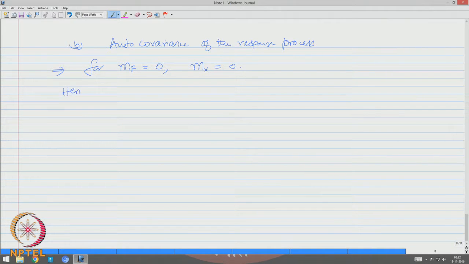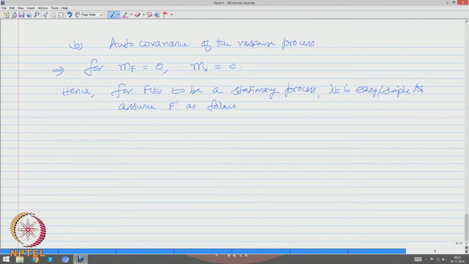In such a situation, for f of t to be a stationary process, it is easy and simple to assume f dash as follows.